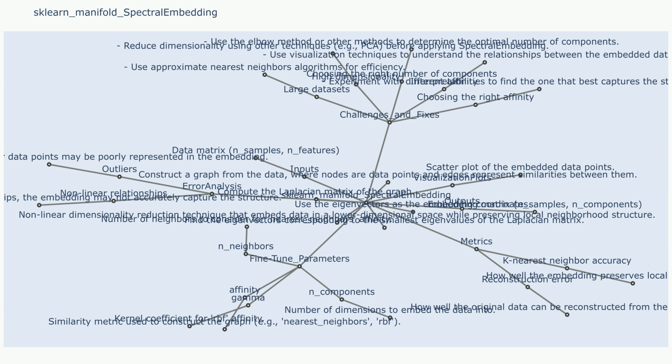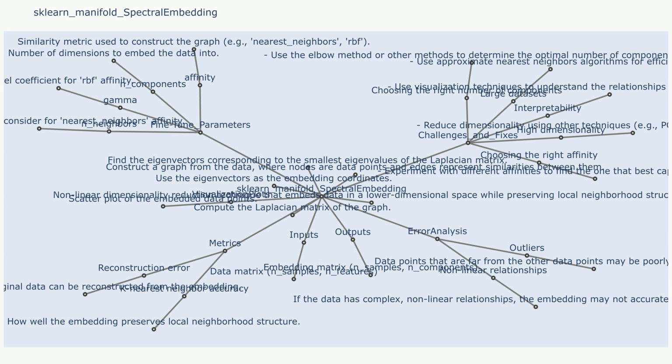Outputs. Embedding. The low-dimensional embedding of the data as a NumPy array of shape (n_samples, n_components). Each row represents a data point in the lower dimensional space. Affinity matrix. The affinity matrix used for constructing the graph Laplacian.